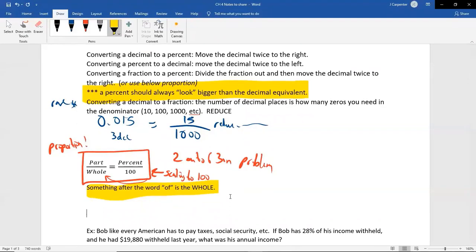Per usual, as long as you have a method that will get you a correct answer, and that method isn't pulling the answers off the internet, I don't care how you get it done. I'm just teaching you a method that relates to what we've been studying for all of chapter 2, all of chapter 3, and what we'll continue to study in chapter 4, proportions. So we're setting this up as a proportion.